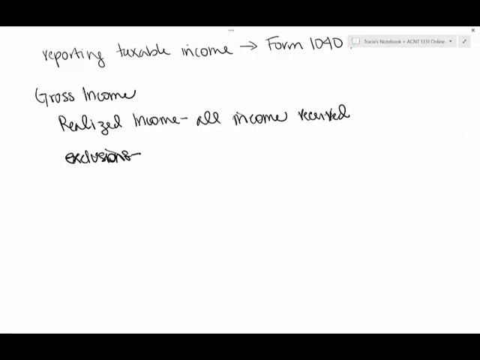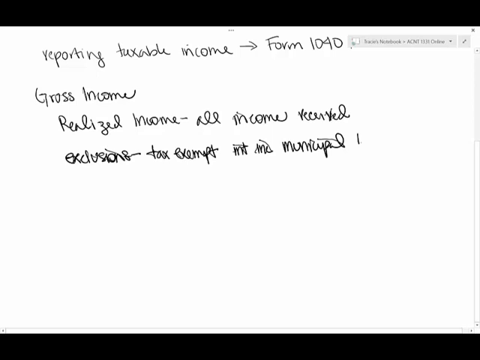And exclusions are things such as tax-exempt income, which will include things such as interest income on municipal bonds. It also will include gifts and inheritances. So anytime a taxpayer receives a gift or an inheritance, it's excluded.